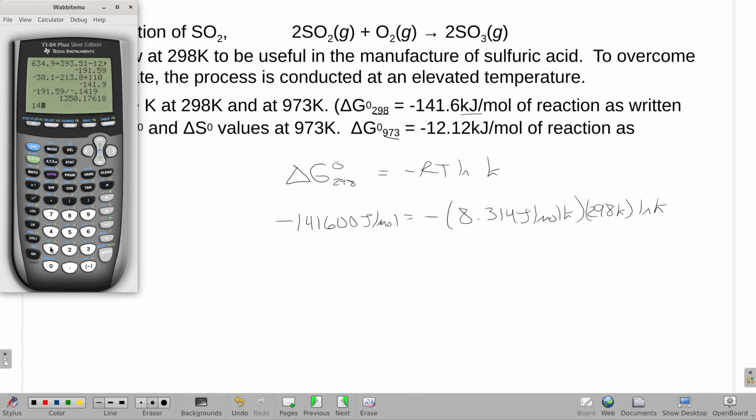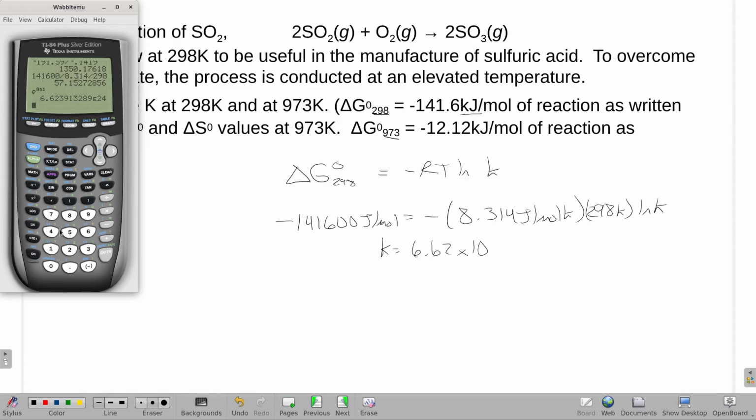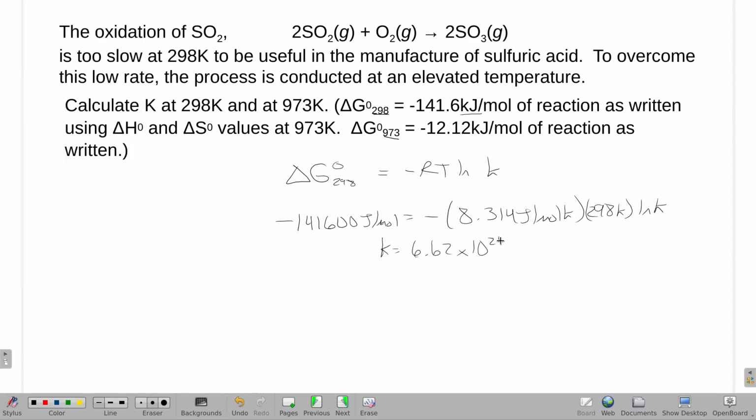I'm going to do the 141,600 divided by 8.314, and also divided by 298. And I need to do the inverse natural log. So, inverse natural log, and I get a K of 6.62 times 10 to the, what's that, positive 24. Positive 24.